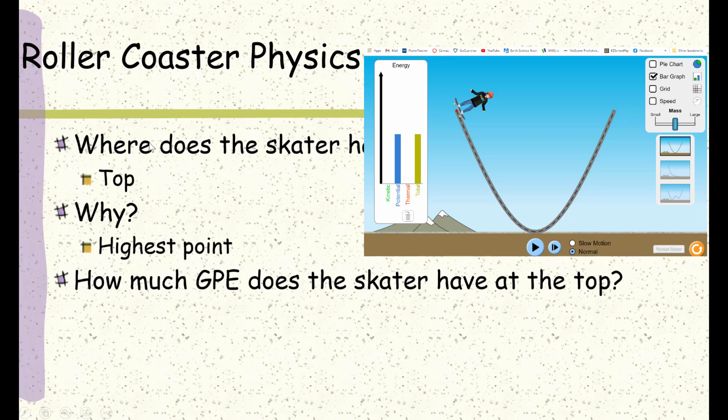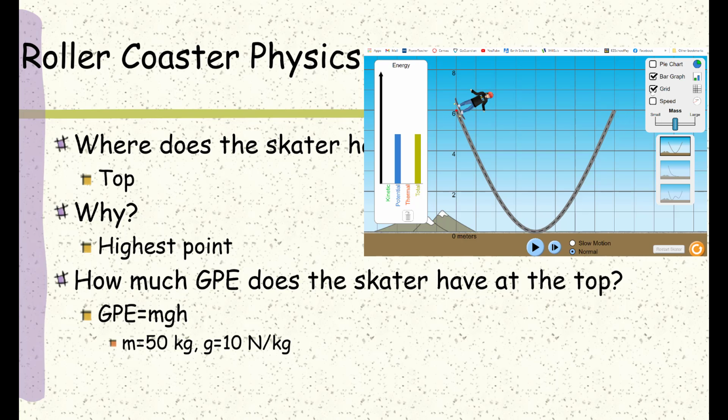So if I want to calculate the gravitational potential energy of this skater at this point, there's a couple of things that we need to know. Since the gravitational potential energy is the mass times g times the height, or in other words, weight times the height, I need to know the weight. That's the person's mass times g. So let's just give this person a mass of 50 kilograms.